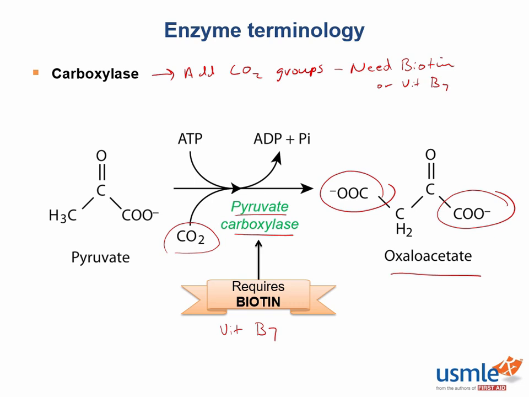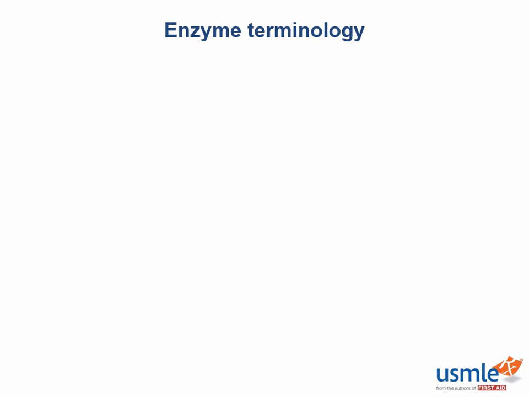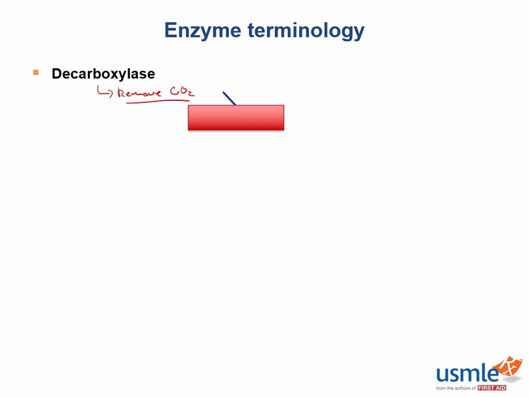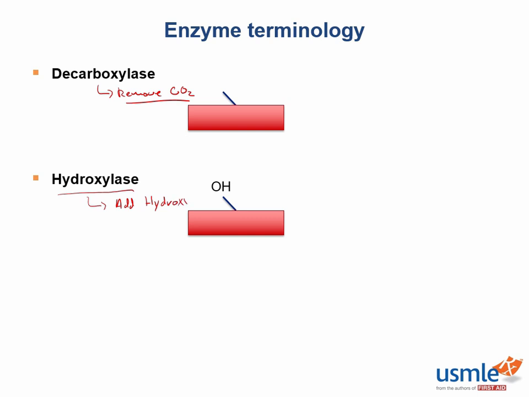Now what do you think you'd call an enzyme that actually removes CO2? There you go, that'd be a decarboxylase enzyme. And as we just stated, the decarboxylase enzymes remove CO2 groups. Now what about the hydroxylases? Well, these are enzymes which end up adding hydroxyl groups, as you can see here. Now how about the mutases?